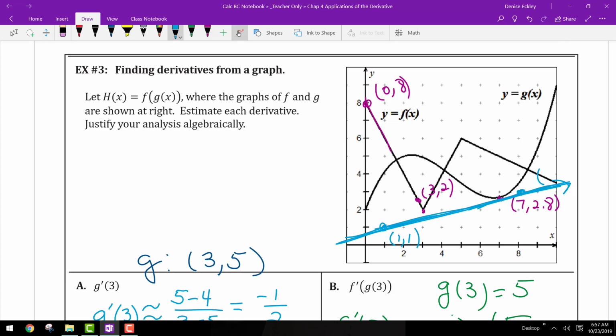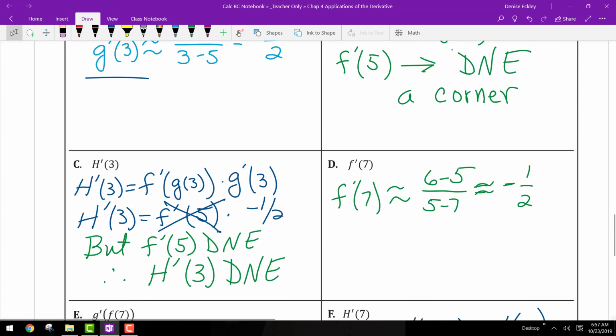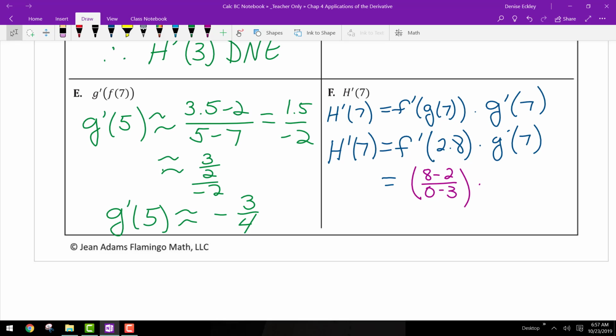And since I don't have a calculator, that point is (8, 3). So I'll do 3 minus 1, and then 8 minus 1, because that's right on the line. Because remember, we're approximating, so I can be a little generous with that, and my line's not the best line on my stylus. So this is going to be 3 minus 1 over 8 minus 1.